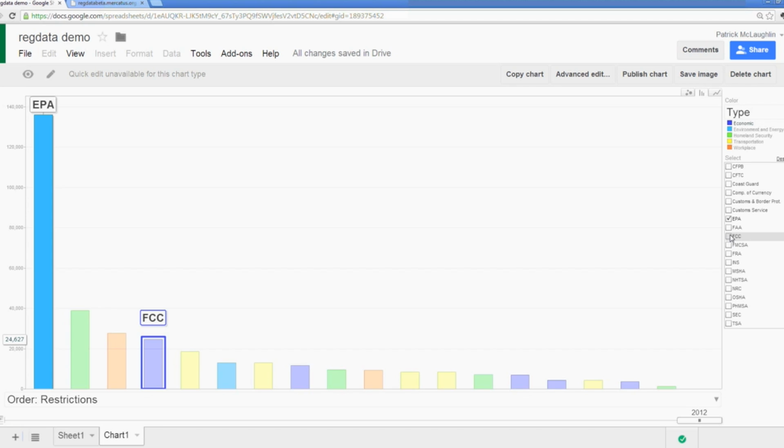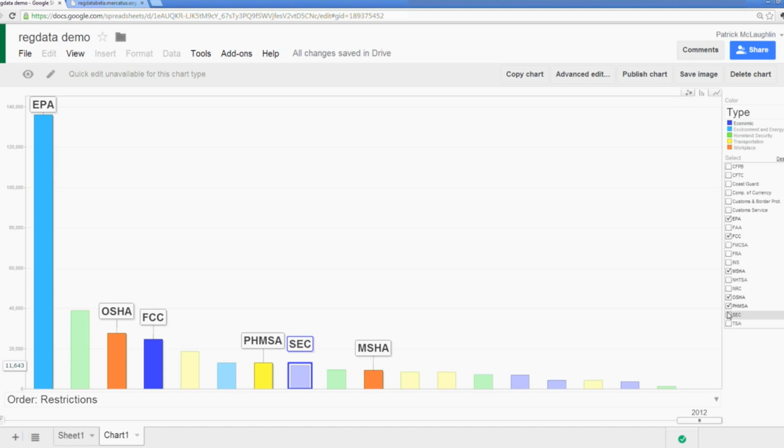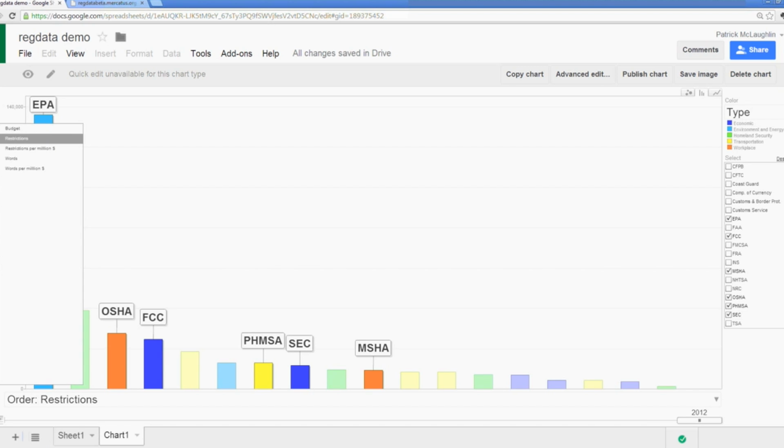So that's informative. There's other agencies here that weren't mentioned. We have MSHA on there, OSHA, a couple of different workplace ones. FCC is on there as the fourth most restrictive. It's not fourth most restrictive overall. It's just of the set of agencies I selected here. And this is just a sample.